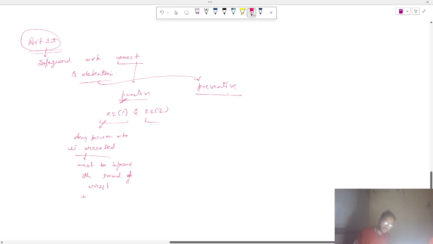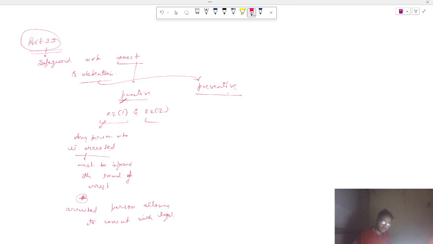Plus, the Supreme Court also states under Article 22(1) that the arrested person is allowed to consult with a legal practitioner, basically an advocate.